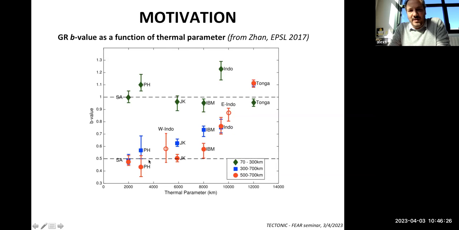Whereas this is the b value measured for deep focus earthquakes, so transition zone earthquakes, as a function of thermal parameter. And there is this weird observation that actually hot slabs have a low b value, so tend to produce more large earthquakes and fewer small earthquakes, whereas the coldest slab on Earth, Tonga, actually produces a very large amount of small earthquakes, but no real big earthquake, although there were two magnitude 8s in 2018 or something like this.